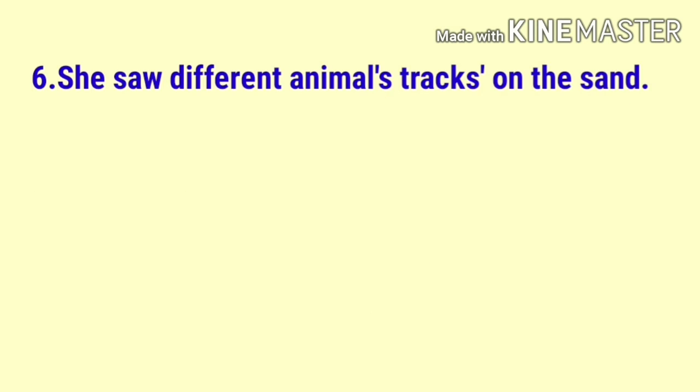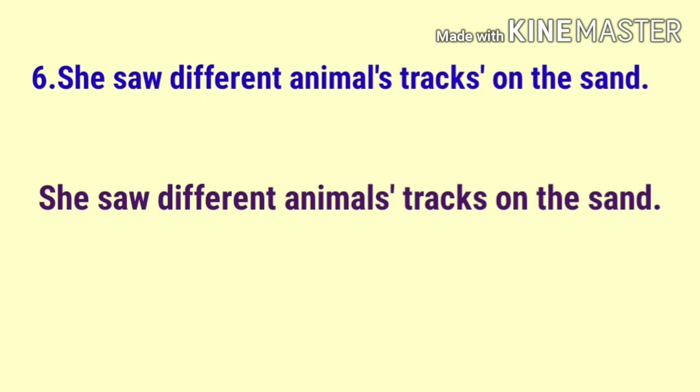Sixth one, she saw different animals' tracks on the sand. Whose tracks are those? Animals' tracks. We want to show the possession for the noun animals, not for the tracks.